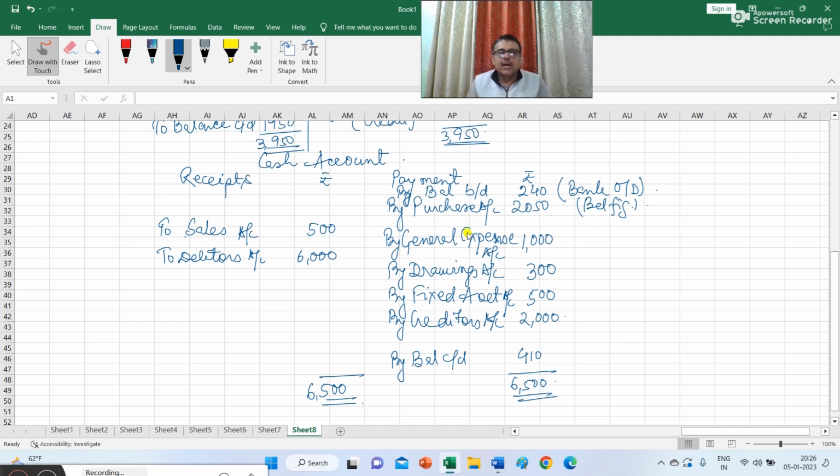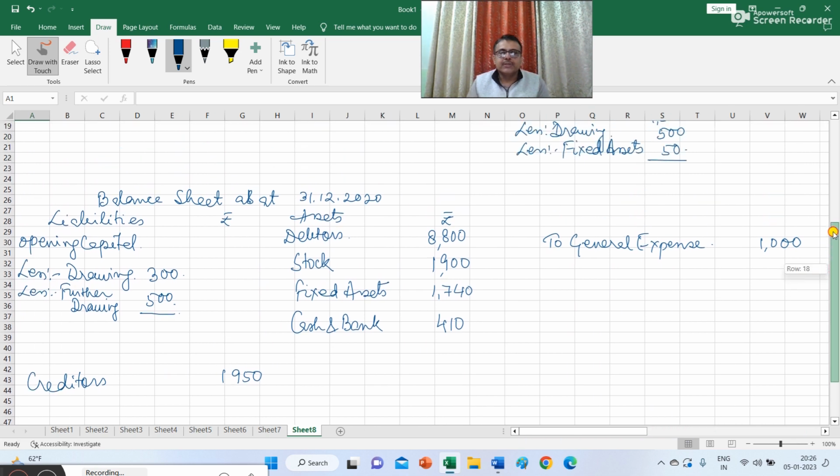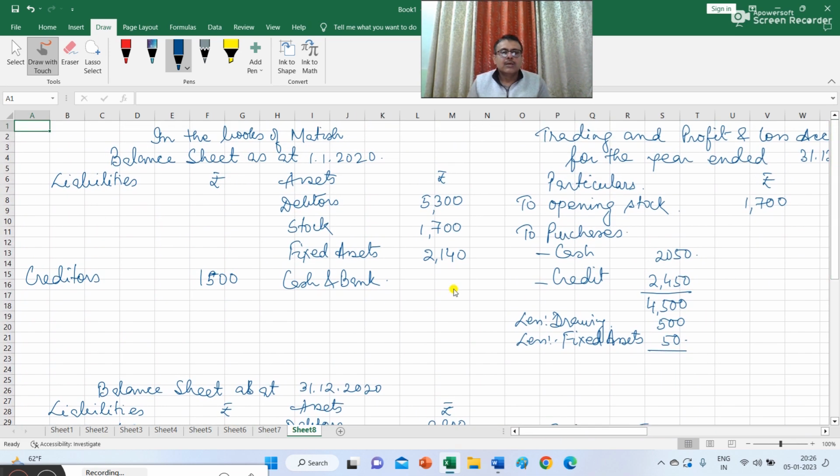So the opening bank OD will be recorded in the opening balance sheet. So I have to record it on the liability side as bank OD for rupees 240.